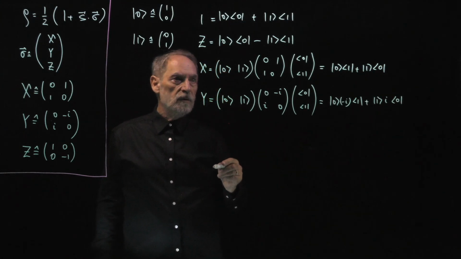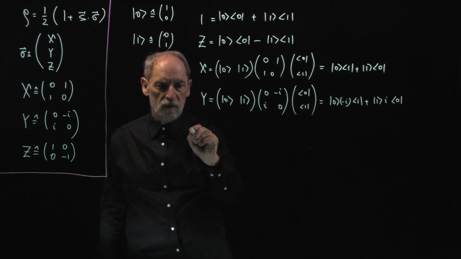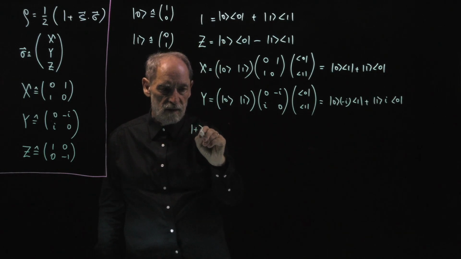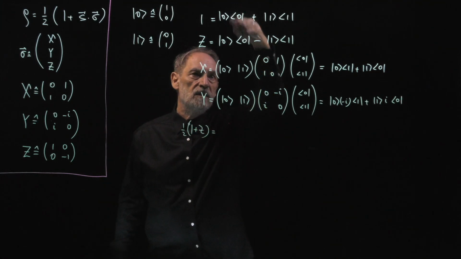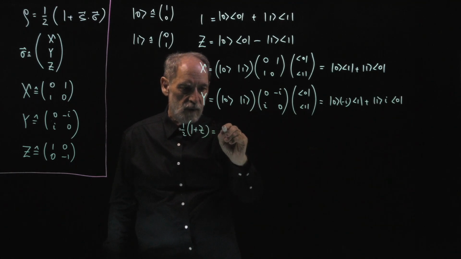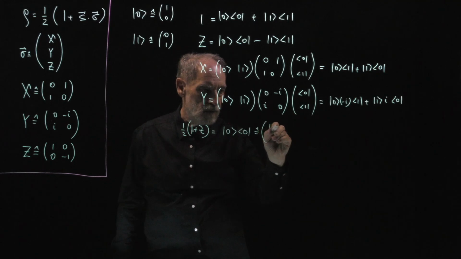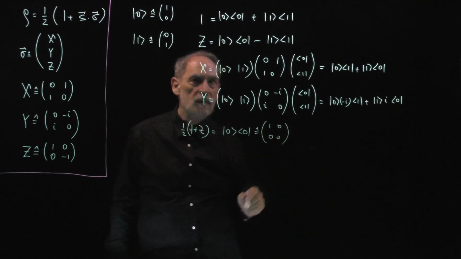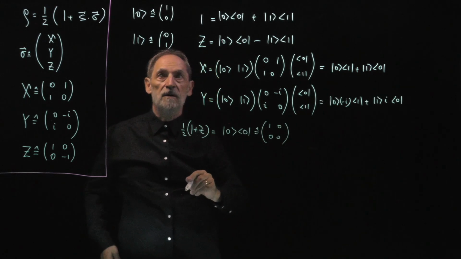And now let me note that if we combine 1 and z into 1 plus z and take half of that, as you can see, this just adds these terms, these two cancel, and then we divide by 2, so we get the |0><0| ket bra, and that is just a matrix that looks like this. So it's this column multiplied by its adjoint row.